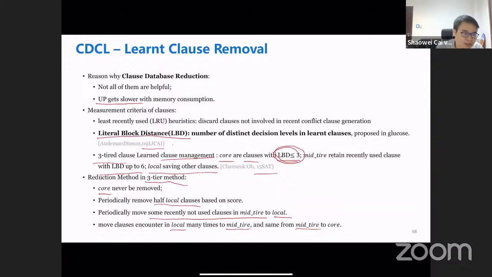I can check the literature, and maybe you can send me an email and we check later. I'm not sure of the details, but we have seen some experiments showing that this number is a small proportion. It is not very significant.